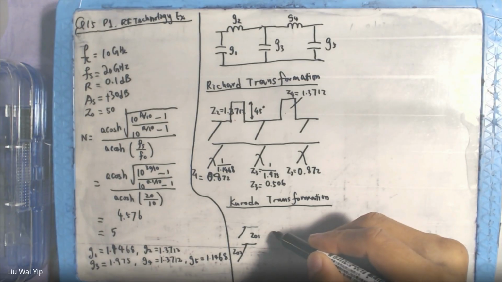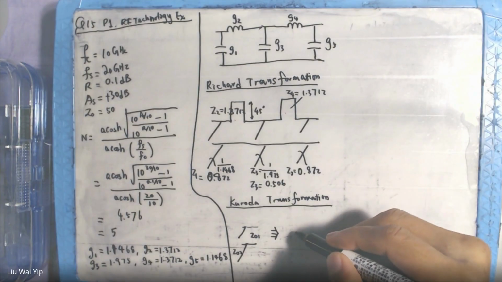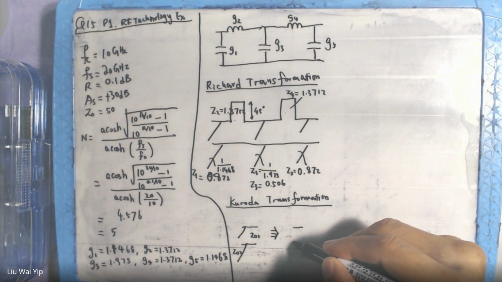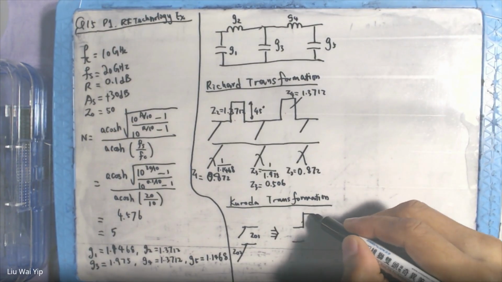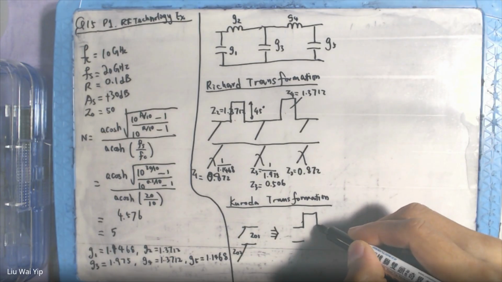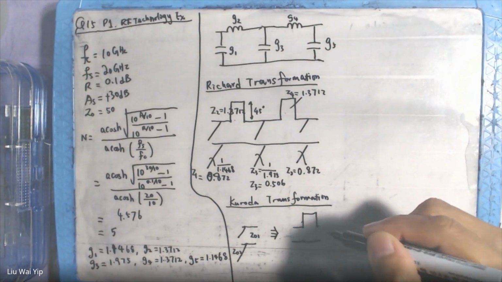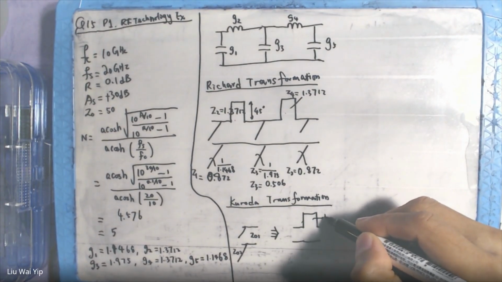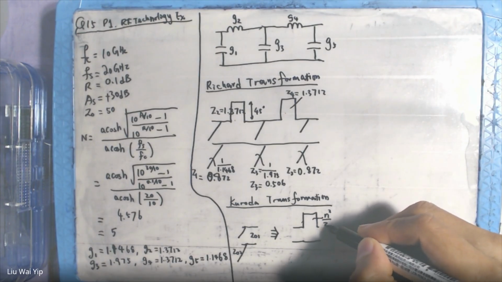You can immediately transform it into another transmission line with different impedance and a short circuit stub. And the impedance here is N square divided by Z naught 1.